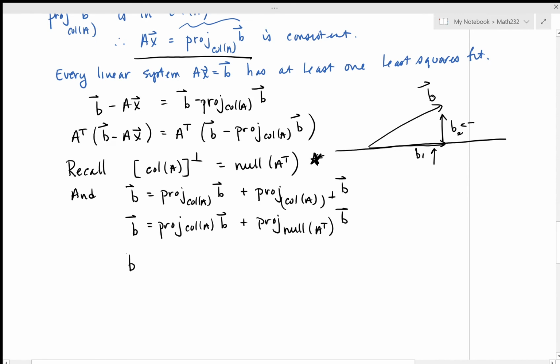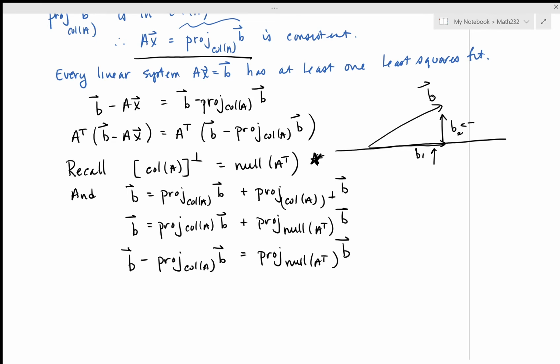So I'm just going to have B, and then I'm going to subtract the projection onto the column space of B from both sides, and that leaves me with the projection onto the null space of A transpose of B. There it is. Okay, what does that tell me? It's pretty exciting, actually. It tells me that this vector right here is in the null space of A transpose.